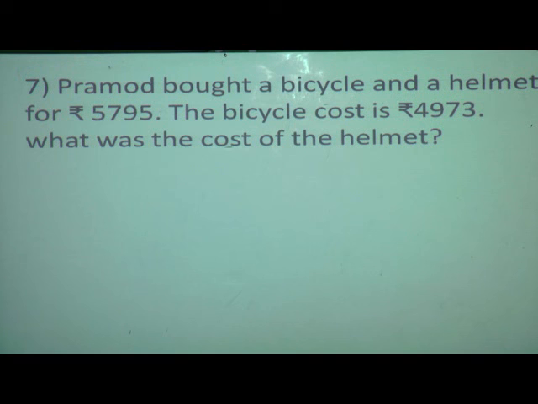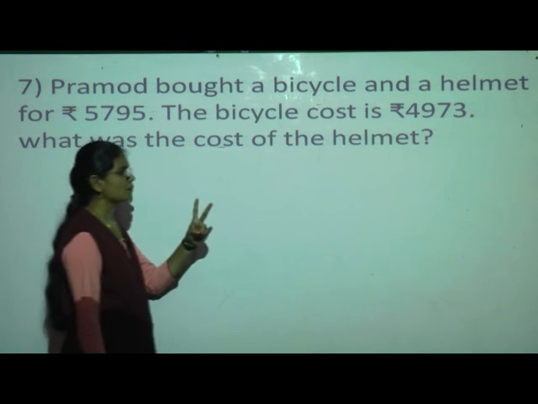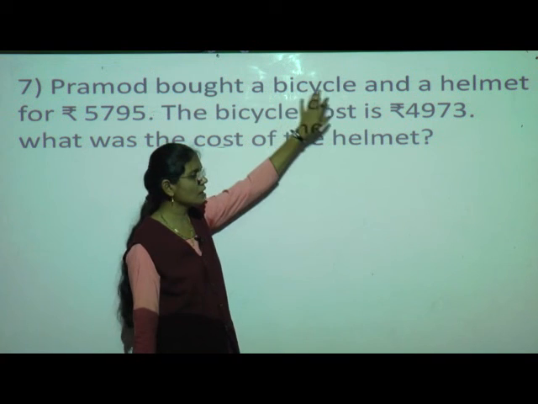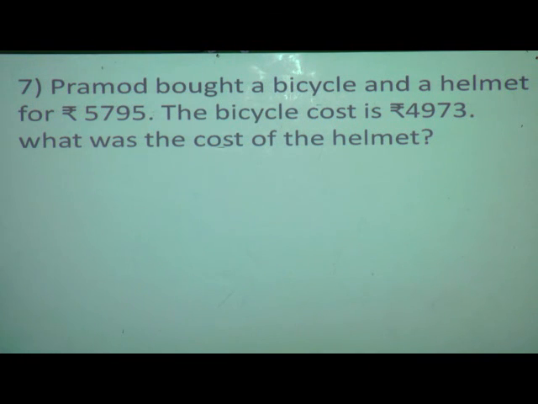What is the seventh? Pramod bought a bicycle and a helmet for rupees 5,795. The bicycle cost is rupees 4,973. What was the cost of the helmet? See, what is the question? Pramod bought two things. The one is bicycle and the another thing is helmet.